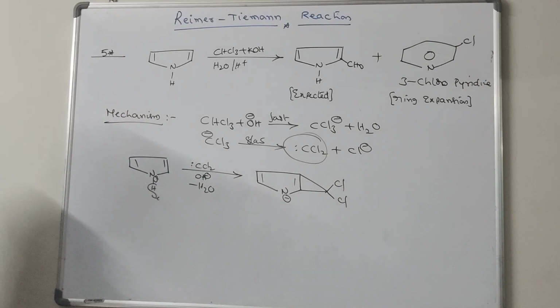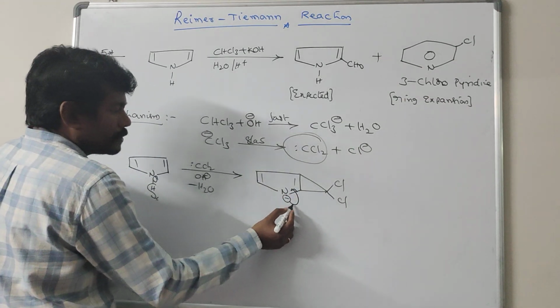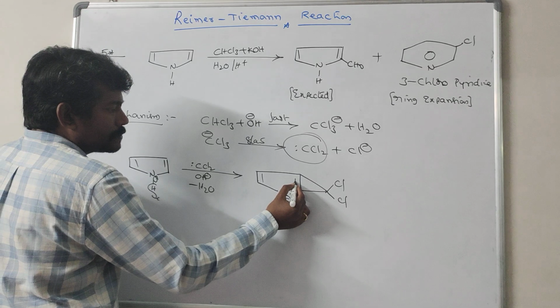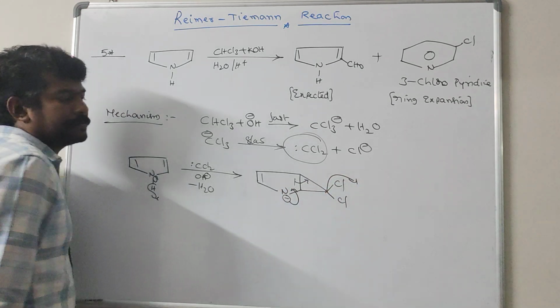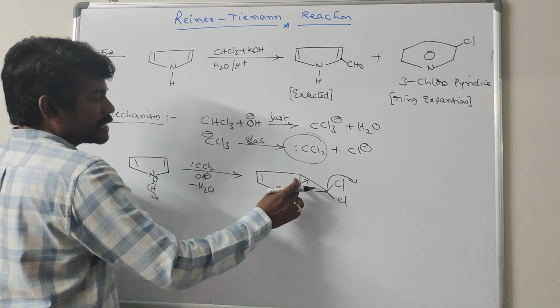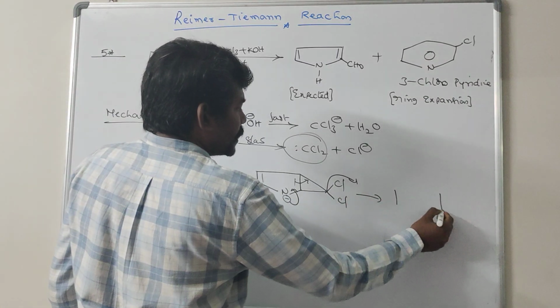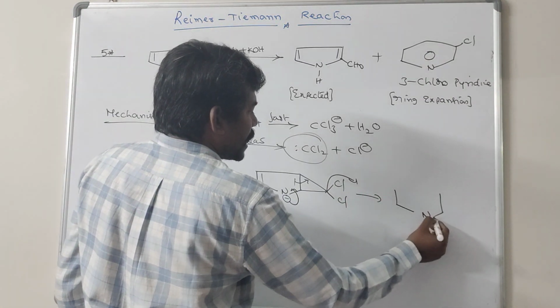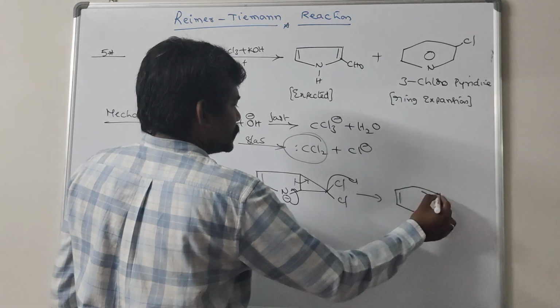Then the electrons shift between carbon and nitrogen, electrons shifting like this. So ring expansion takes place here. Then we get N with single bonds.